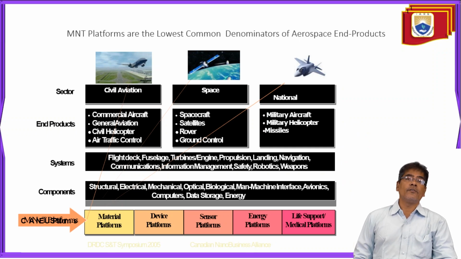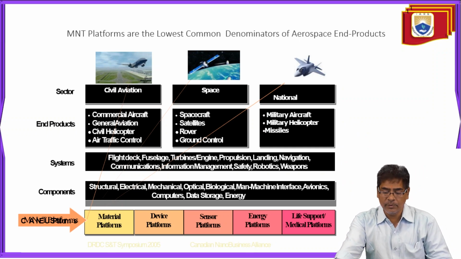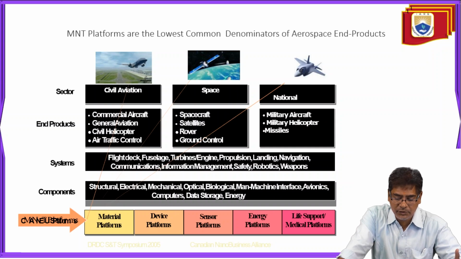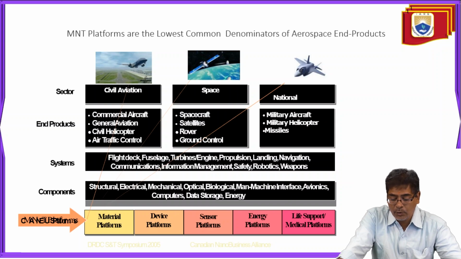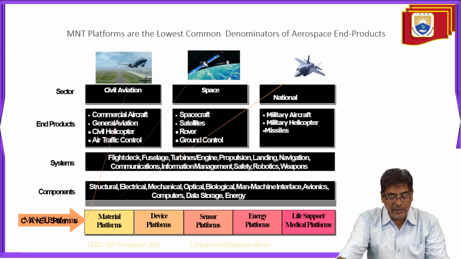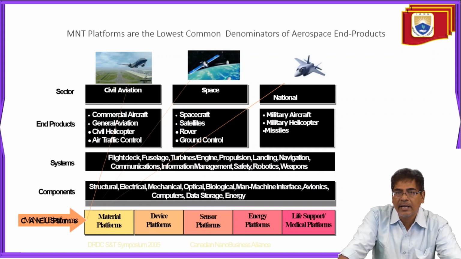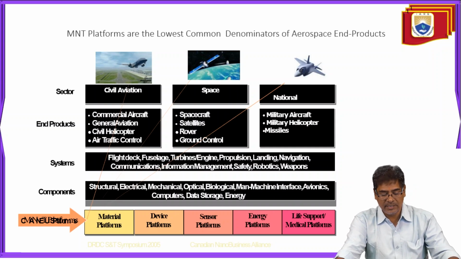Right. So MNT platforms are the lowest common denominator in aerospace and aerospace end technology and products. We have sectors called civil aviation, space, and national security. End products include commercial aircraft, general aviation, civil helicopters, air traffic controllers, spacecraft, satellites, rovers, ground controllers, military applications, military helicopters, and missiles. In systems, we have flight deck, fuselage, turbines and engine propulsion, landing, navigation, communication, information management, safety, robots and safety robotics, and weapons. In components, we have structural, electrical, mechanical, optical, biological, man-machine interface, and avionics, computers, data storage, and energies, right?